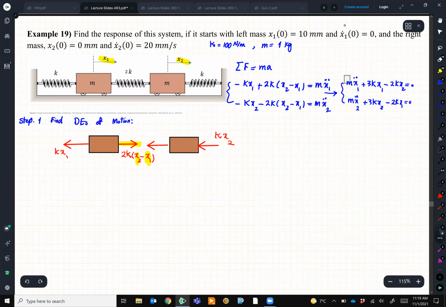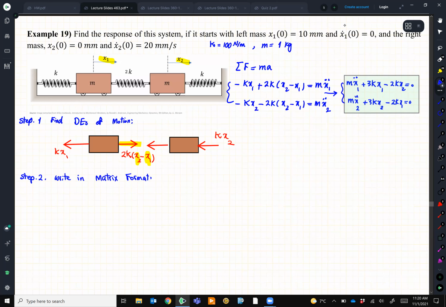These are the equations. Now we write them in step number 2: write in matrix format. That's easy.